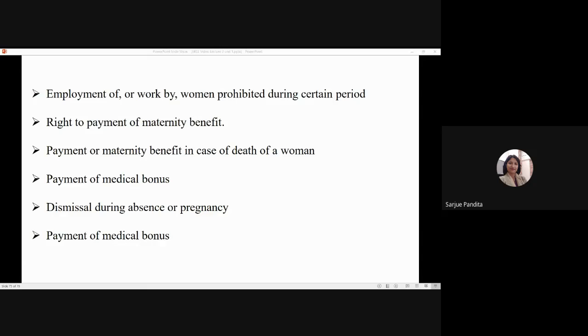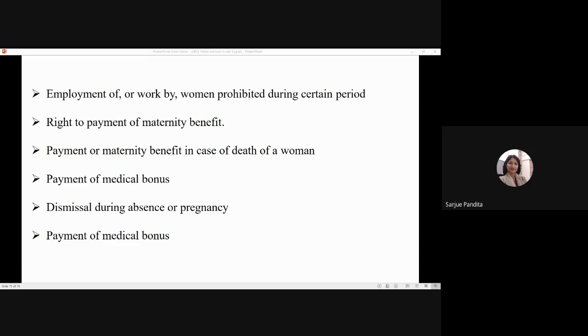So for the purpose of this subsection, the average daily wage means the average of the wages payable to her for the days on which she has actually worked during the period of 3 calendar months.